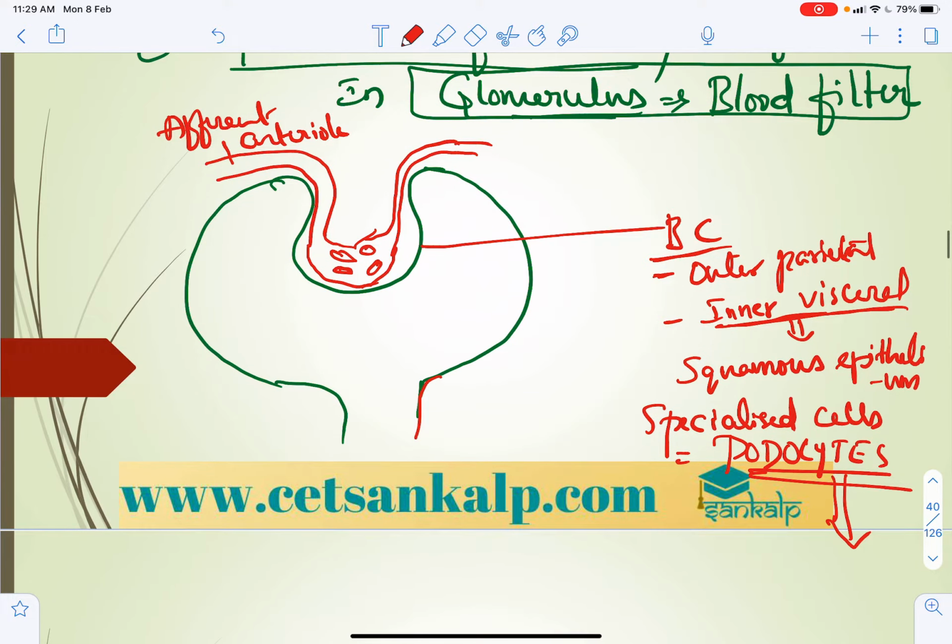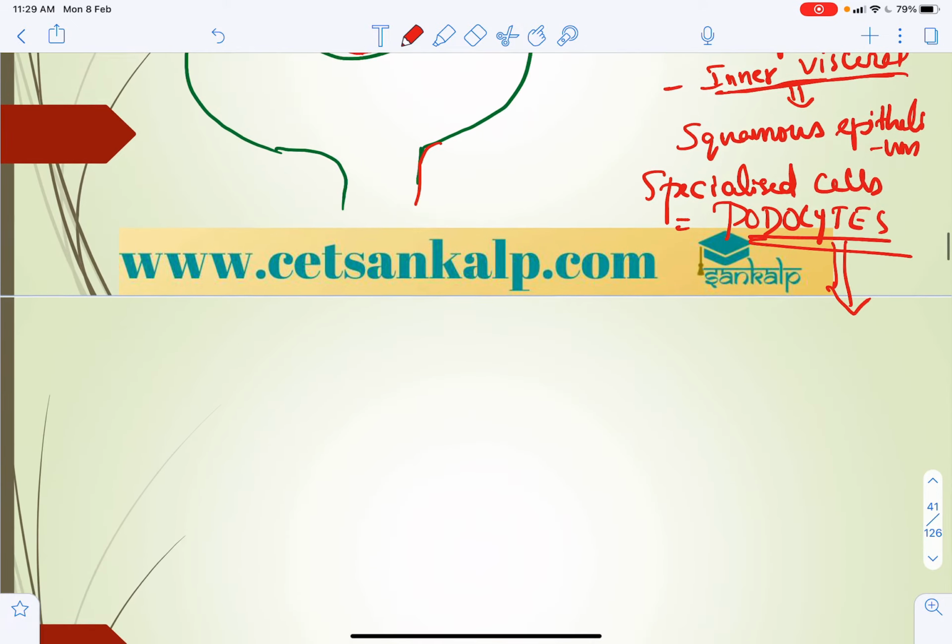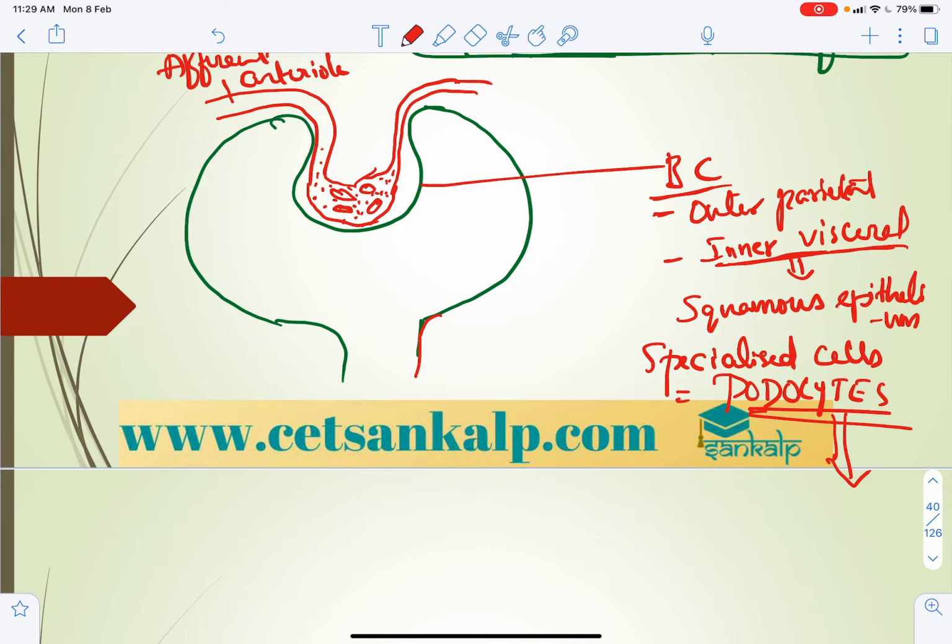Here pressure builds due to the water present in the capillary, and that pressure causes the filtration.